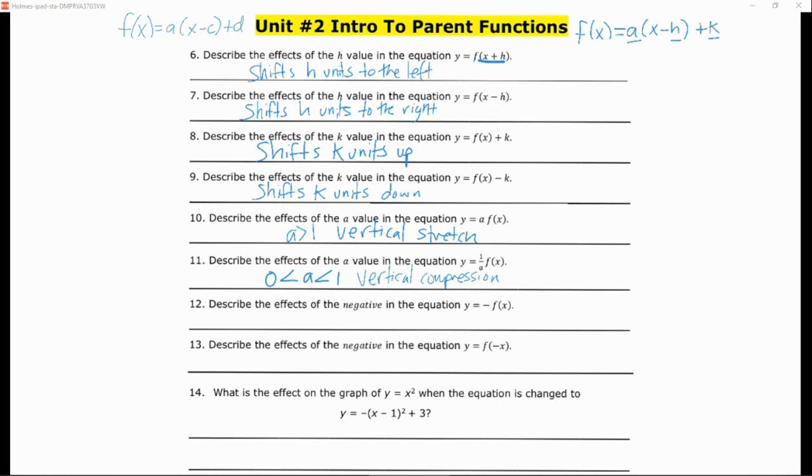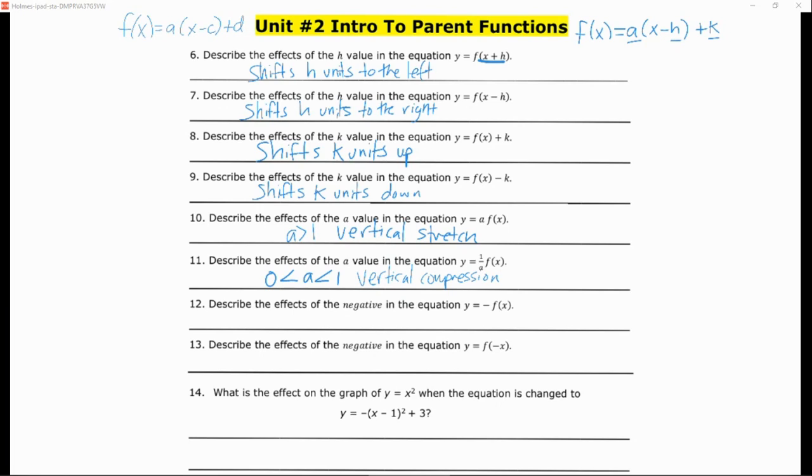Well, here, whenever we're dealing with a number in front of the function and it's a negative number, it could be -1, it could be -10, -30. If it's a negative number, it's going to reflect the function over the x-axis, or it'll flip it over. There's several ways of saying that.